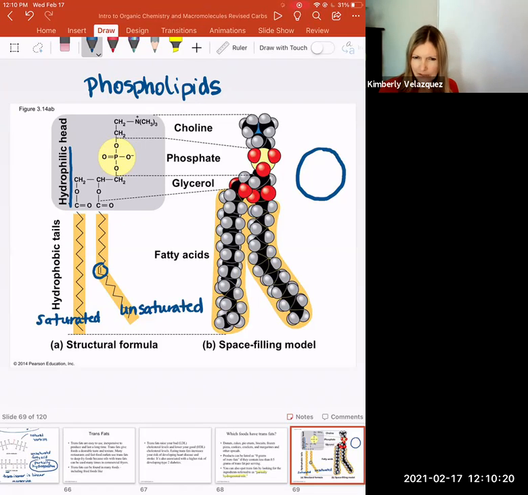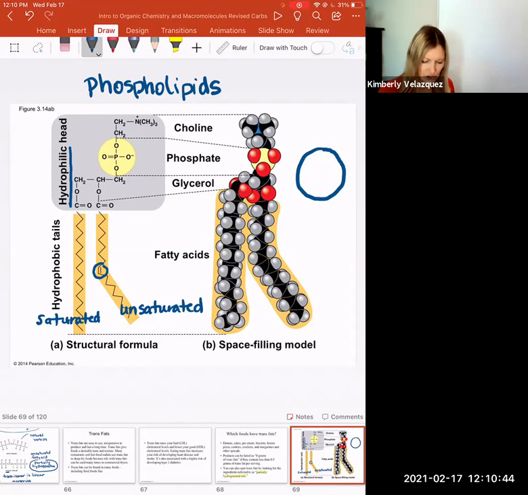It has some proteins that are regulating, but also these phospholipids are regulating what's moving in and out. Certain things can't move past those non-polar tails, for example, because if something is polar, it can't just move across those non-polar tails.